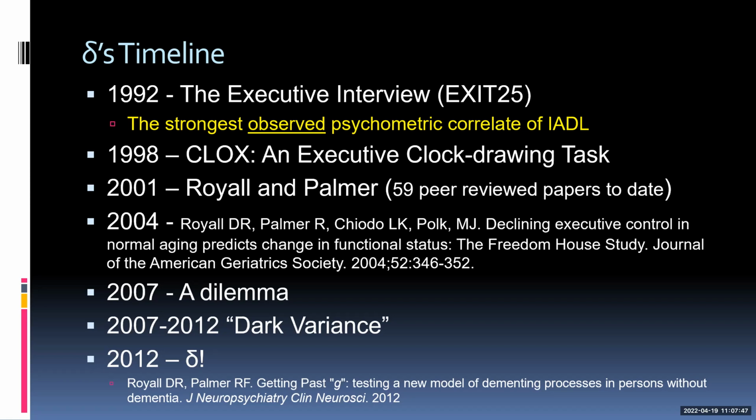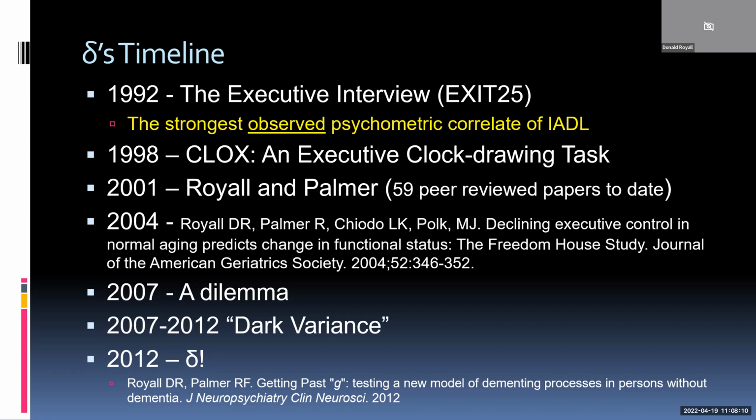But in 2001, I met Ray Palmer, who was recruited to our Department of Family and Community Medicine straight out of Penn State, where structural equation models were first being developed and applied to clinical problems. And Ray upped my game considerably in this area.